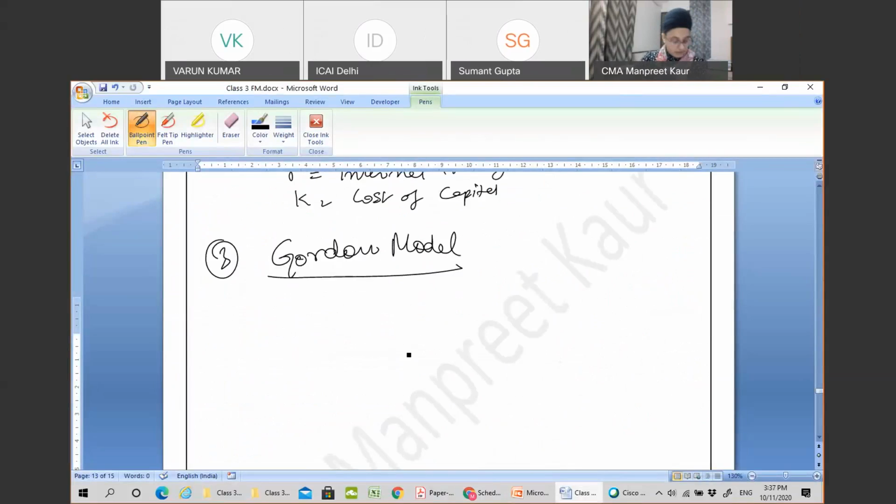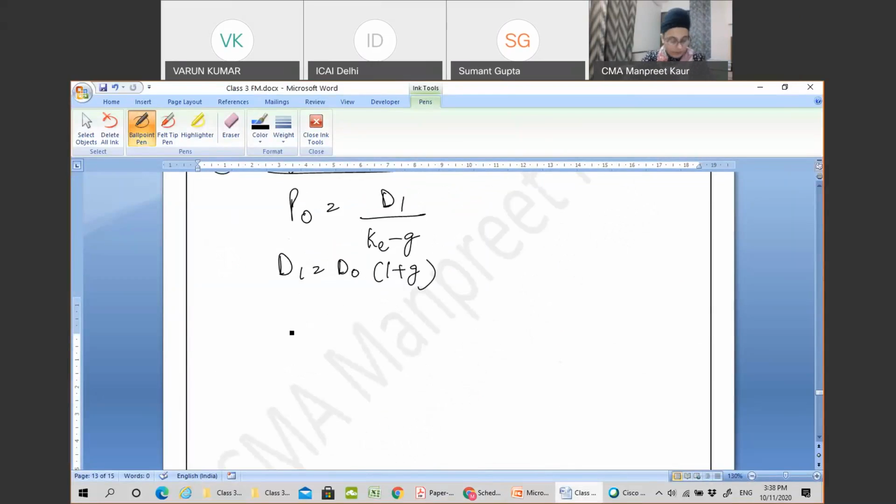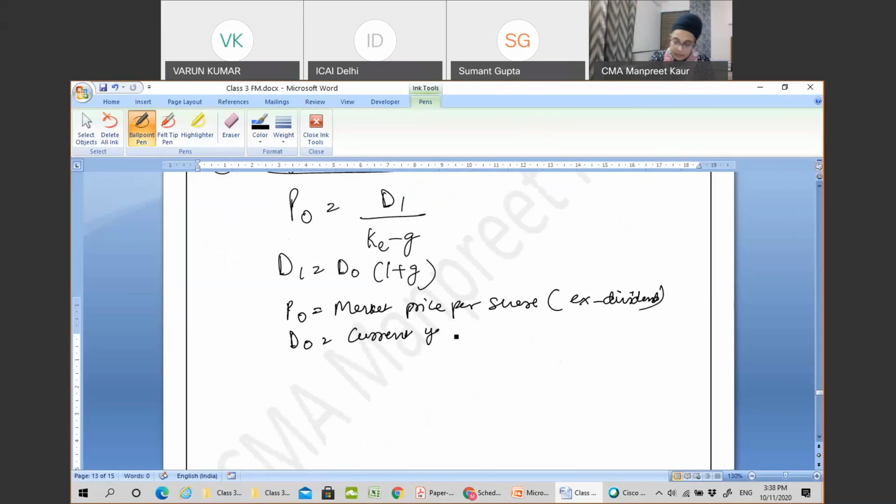What does the Gordon model say? We will see P0 is equal to D1 upon Ke minus g. D1 is equal to D0 (1 plus g). Whereas P0 is the market price per share ex-dividend, and D0 is the current year dividend.